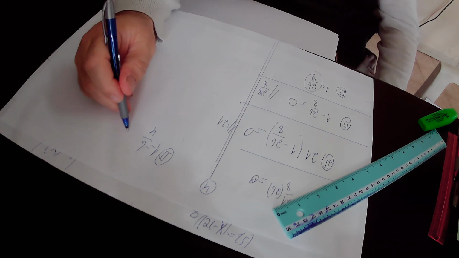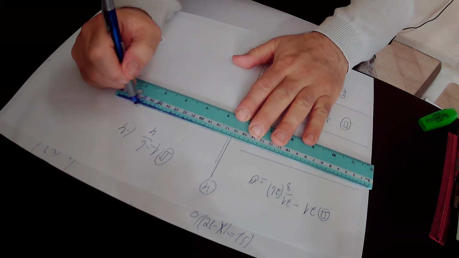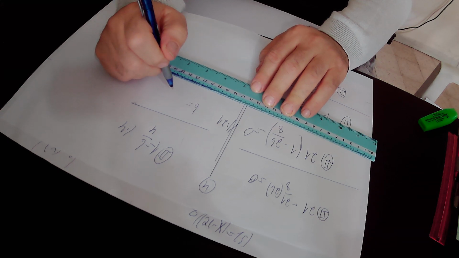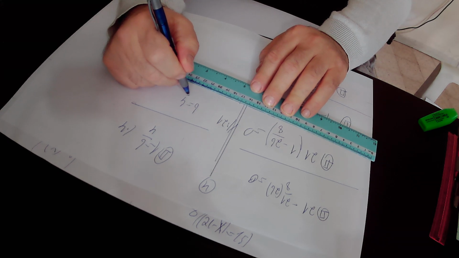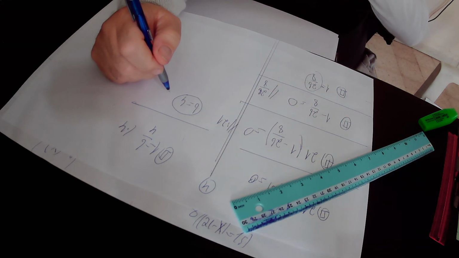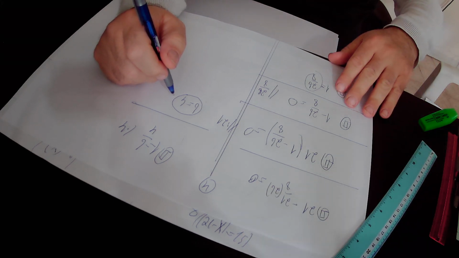Here we multiply this equation 2 by 4, and finally we get that b, the width b, equals 4 units. That is to say, we found out that when the width b equals 4 units, we have extreme points of the function area.